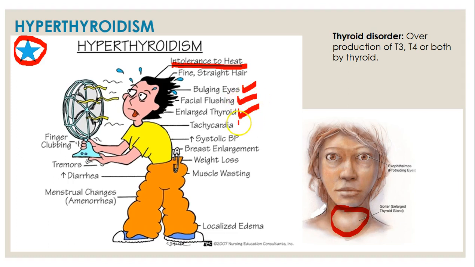Face flushing, tachycardia, increased systolic blood pressure, weight loss, muscle wasting, increase in diarrhea, finger clubbing. There are always going to be menstrual changes that happen with both hypo and hyper, and localized edema. But again, just think of the opposites between hypo and hyper.